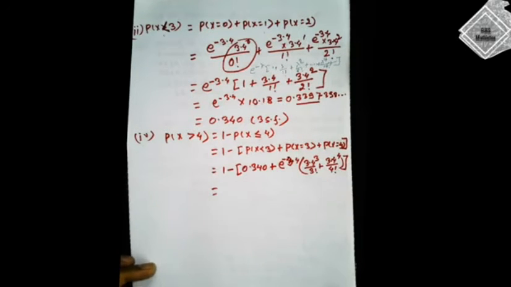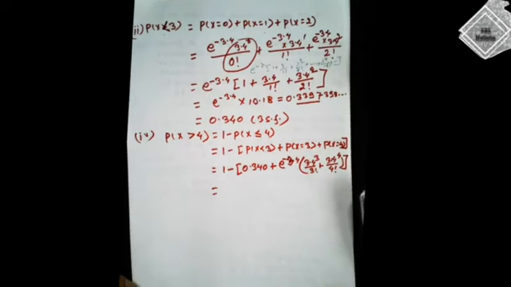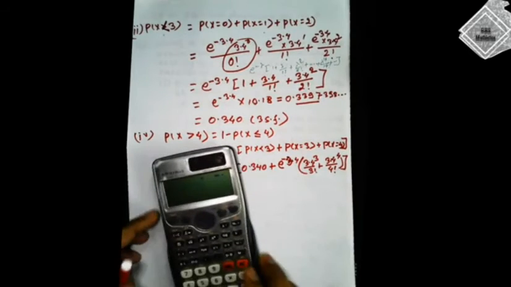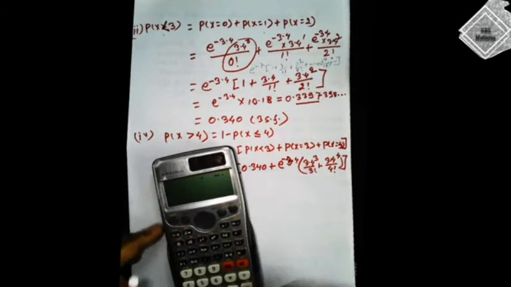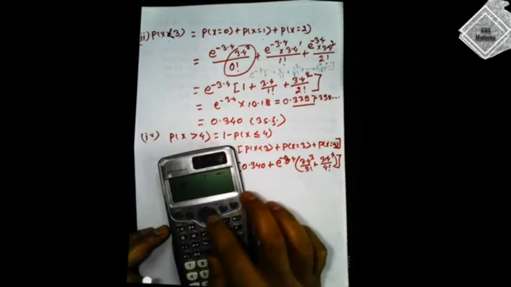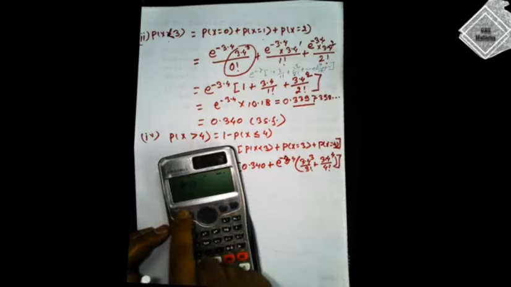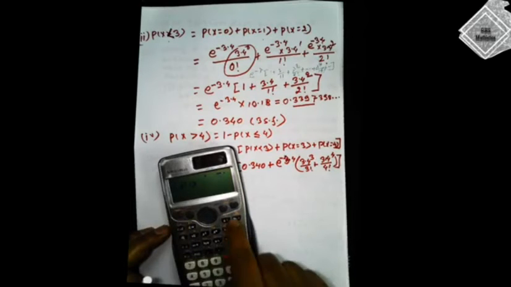Now we take the calculator and calculate these values. First of all I'll work with this bracket. So it is 3.4 to the power 3 divided by 3 factorial, where you can see shift and then factorial is at the bottom of this key.